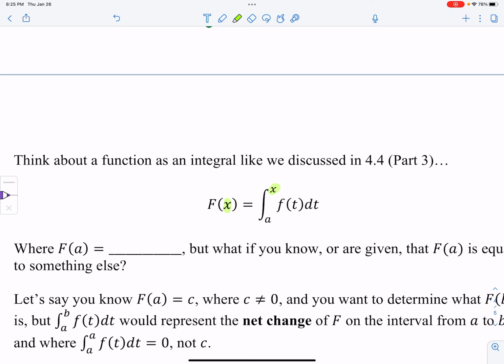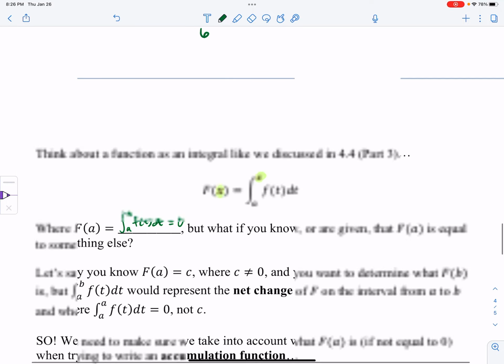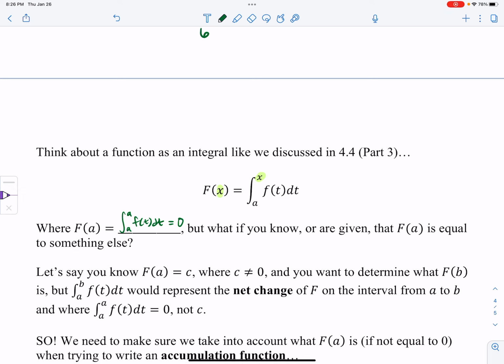Where F of a, in this case, would be equal to the integral from a to a. And you guys know that that would be equal to 0. But what if you are given in the problem that F of a is equal to something else?